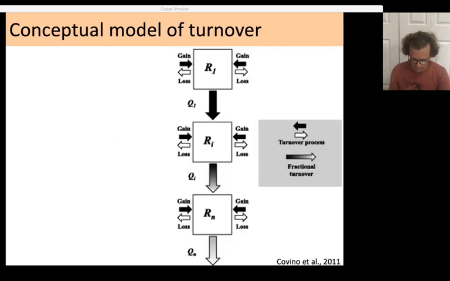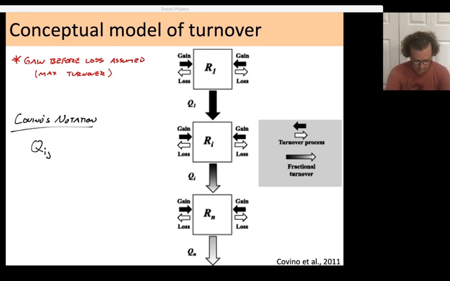This is an image out of the Covino et al. 2011 paper. You'll note that in their paper and in subsequent work by Covino and others, they've assumed the end member of gain before loss that we looked at in channel water balance. In other words, these are the maximum volumes of inflows and outflows.